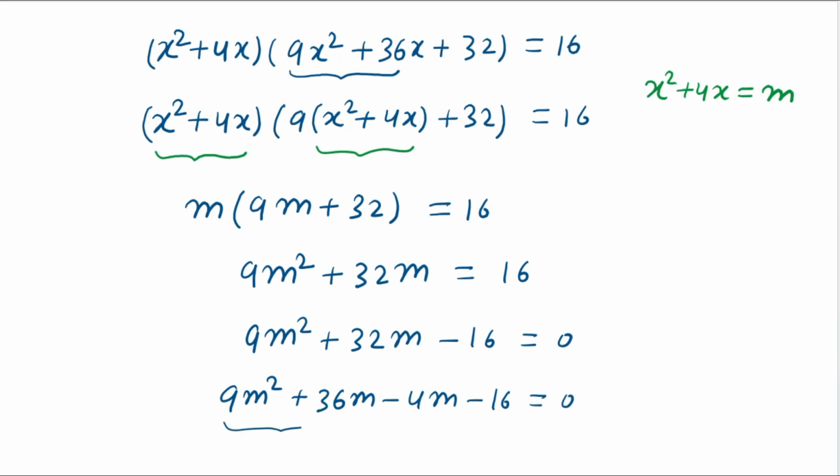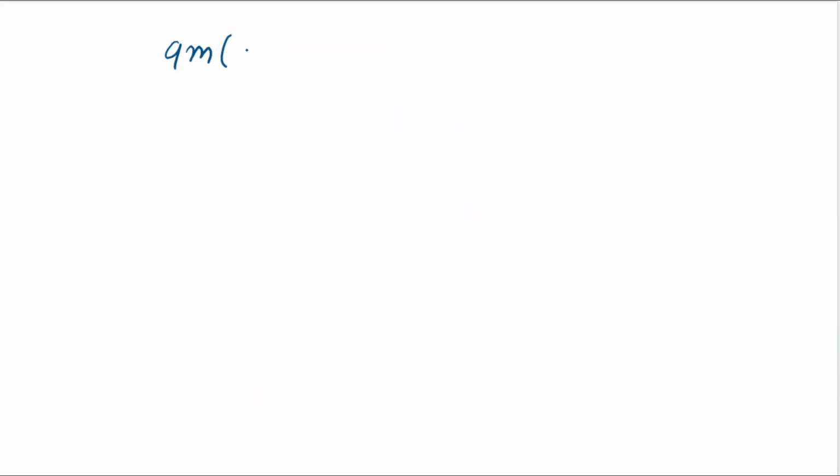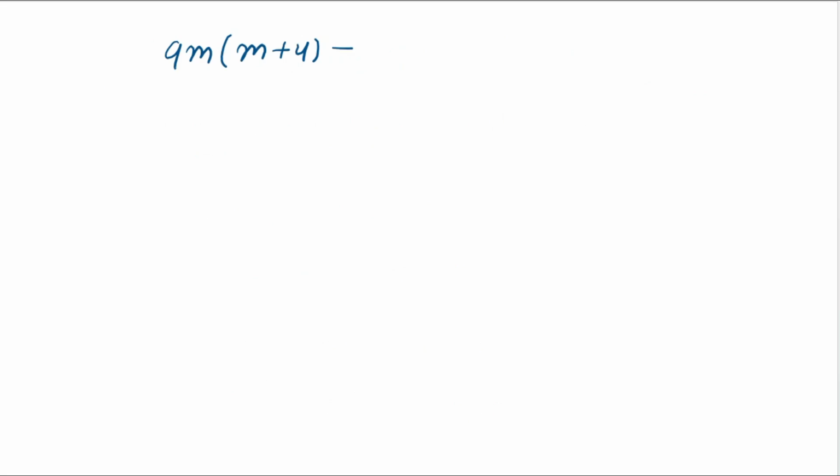Look carefully, in the first two terms, if we take common 9m, then 9m square divided by 9m gives m, and 36m divided by 9m gives 4. So inside the bracket we have m plus 4. And in the last two terms, if we take common minus 4, then inside the bracket you will get m plus 4, and this is equal to 0.